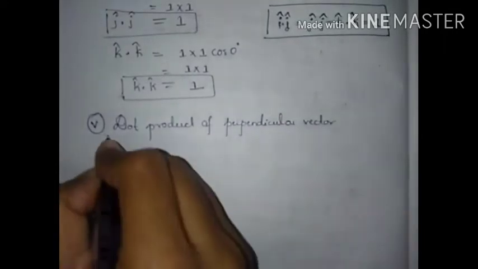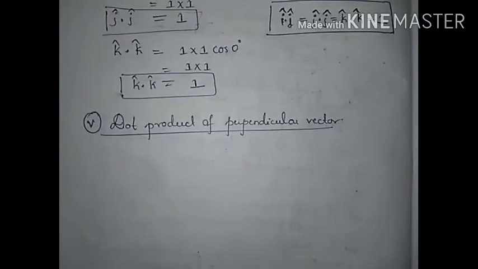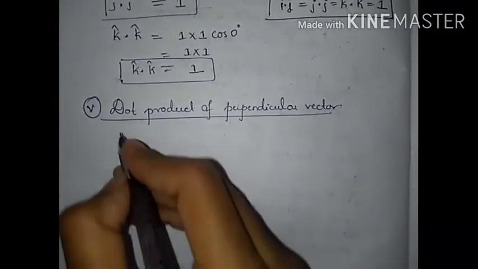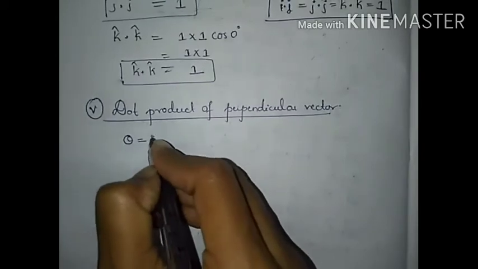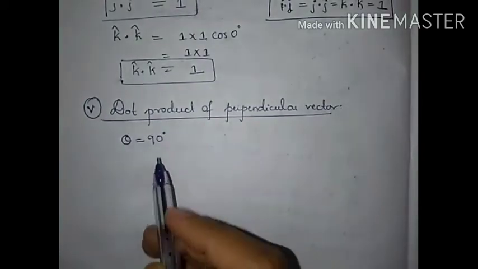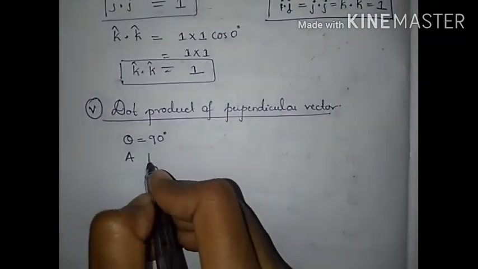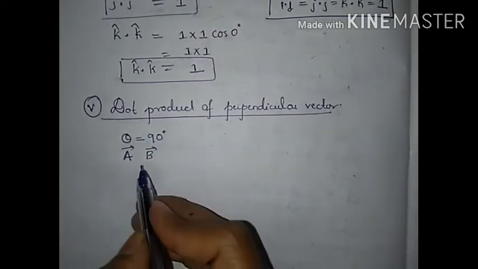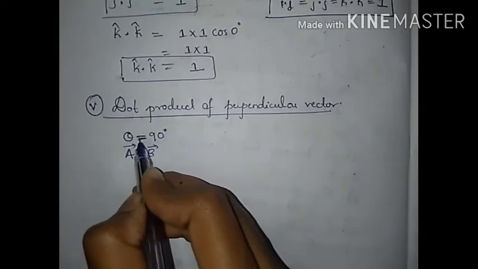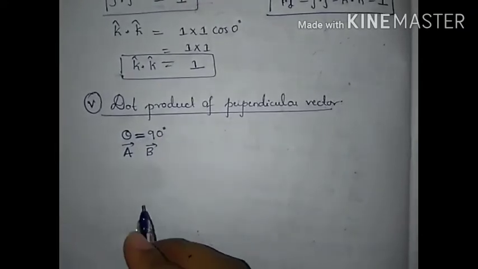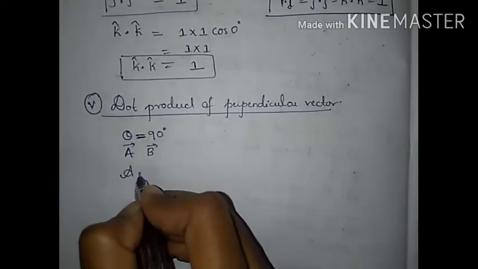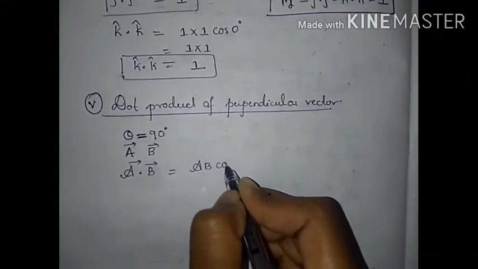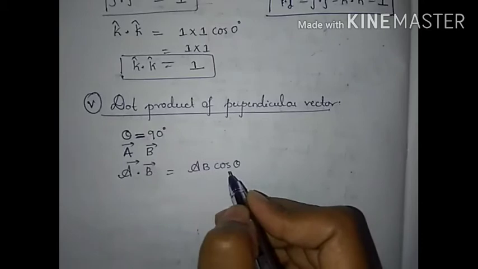So you have two vectors which are perpendicular to each other. In that case the angle theta between them will be 90 degree. Since two vectors A and B are perpendicular to each other, the angle between them is 90 degree. So A dot B can be written as AB cos theta.